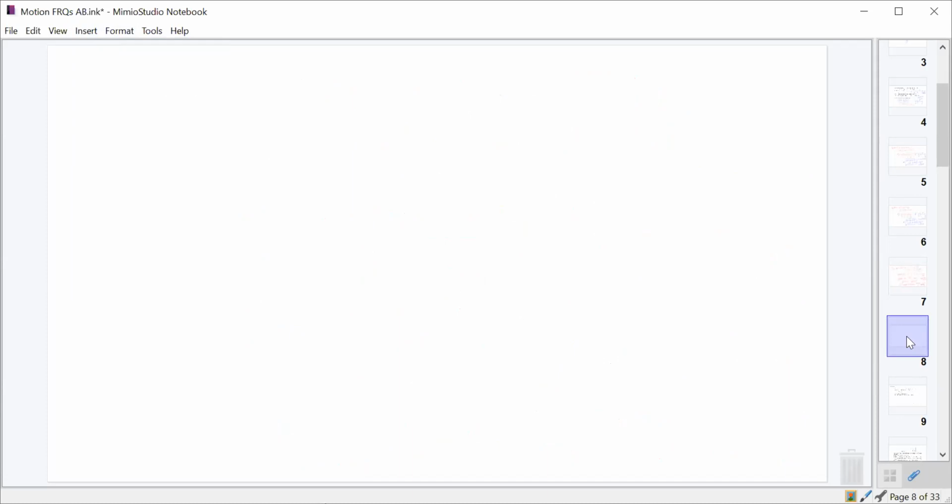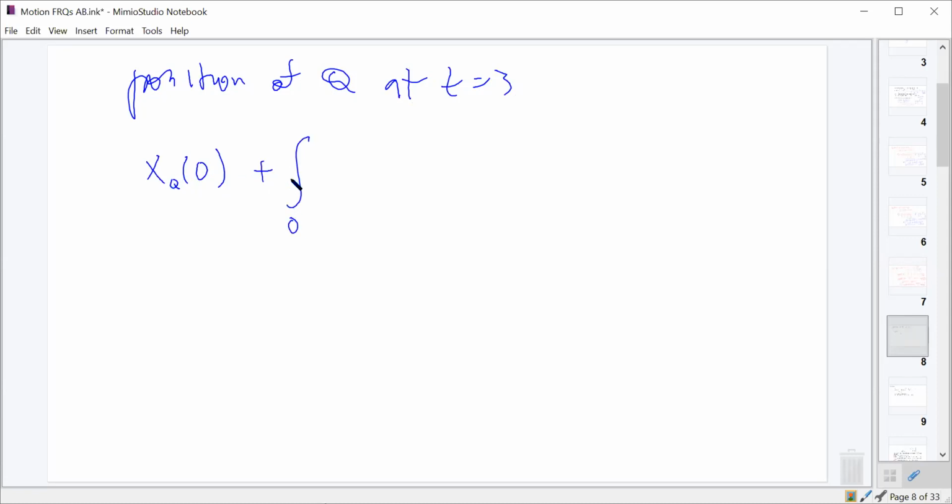So we want the position of Q at t equals 3, which should be the initial position of particle Q plus the displacement from 0 to 3, which should be the integral of our velocity function.